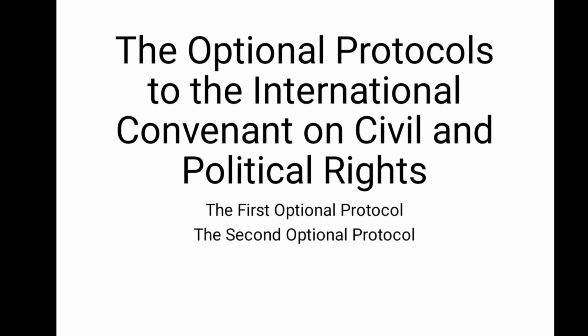Under the first optional protocol, there is a provision for an individual to complain on human rights violations that are contained in the ICCPR to the United Nations Human Rights Committee. So when a country accepts this optional protocol, it means that it has agreed to allow individuals to complain to the Human Rights Committee, provided they exhaust all channels of complaints.